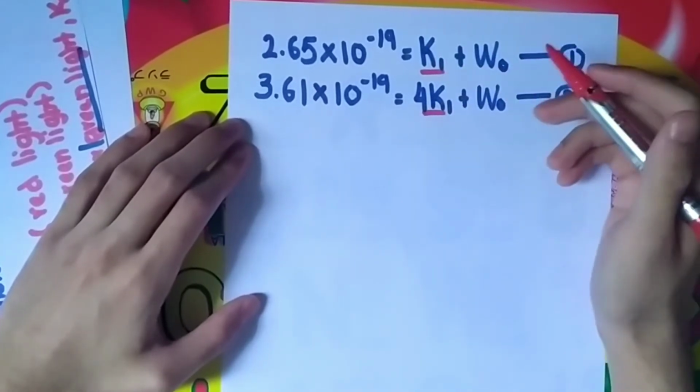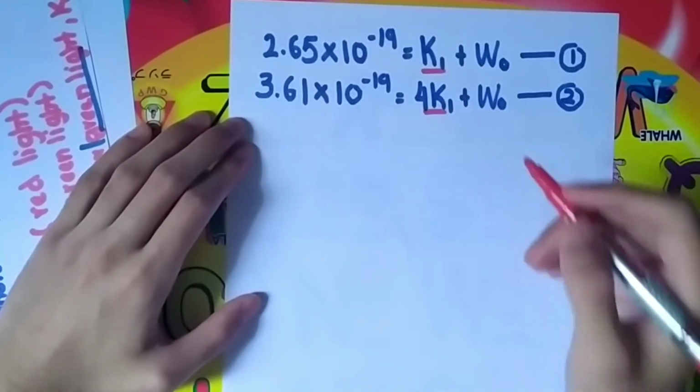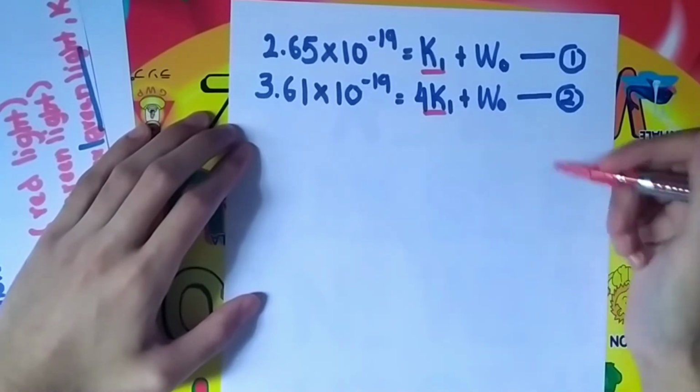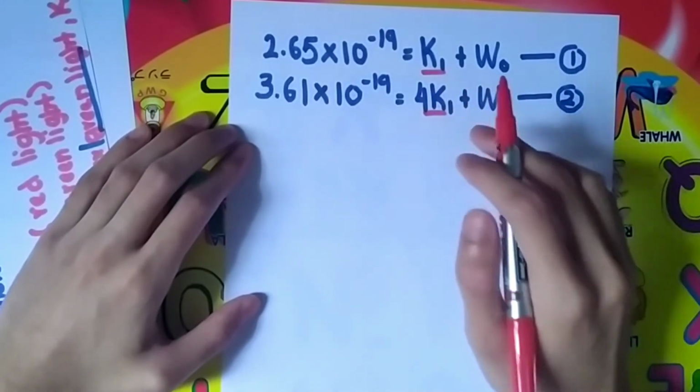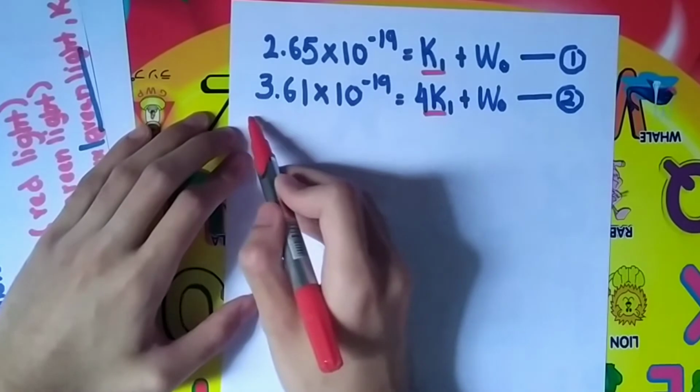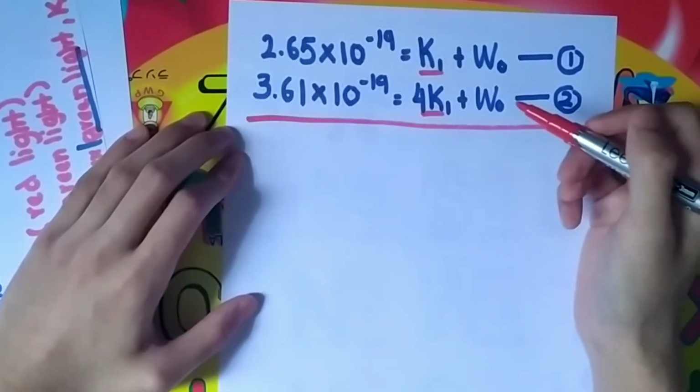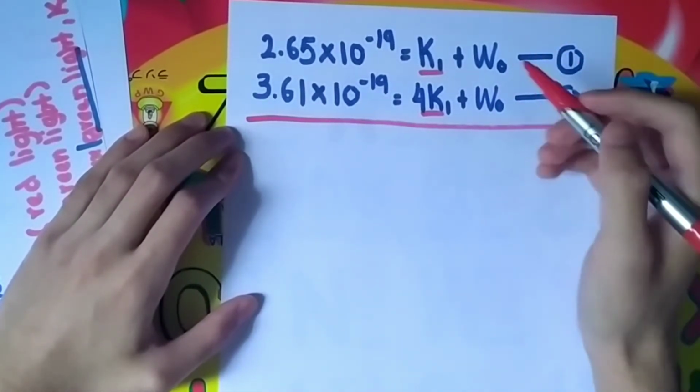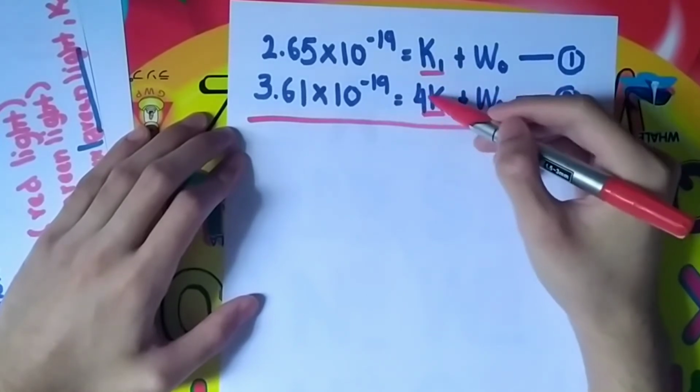First we draw the line, and then we see which K1 is the highest number.